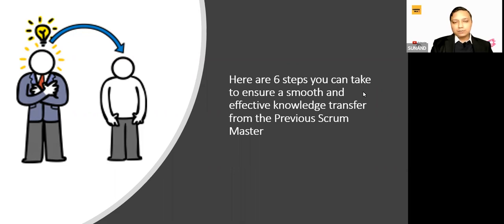I want to get to know how the events are running and how I can contribute as a new Scrum Master. So be there, just observe how the Scrum events are running. Do not try to intervene during those events, just observe. And if your previous Scrum Master asks you to help him in certain events, do that.